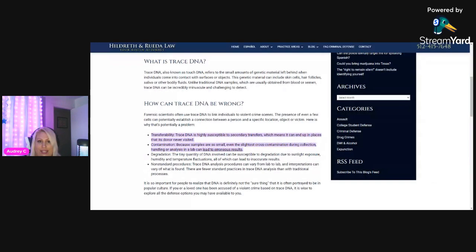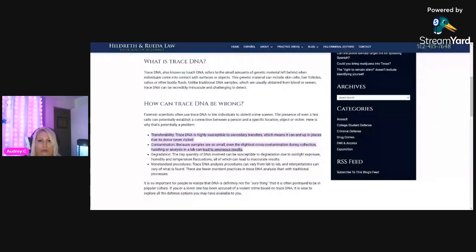Degradation. The tiny quantity of DNA involved can be susceptible to degradation due to sunlight exposure, humidity, and temperature fluctuations, all of which can lead to inaccurate results. Non-standard procedures. Trace DNA analysis procedures can vary from lab to lab, and interpretations can vary of what is found.